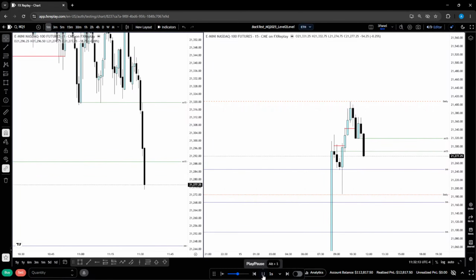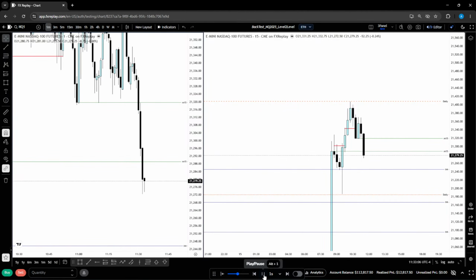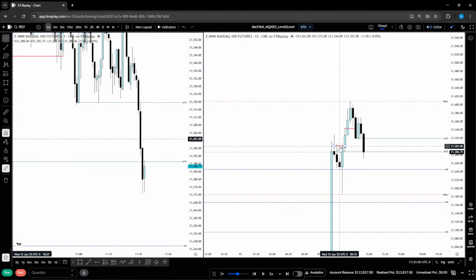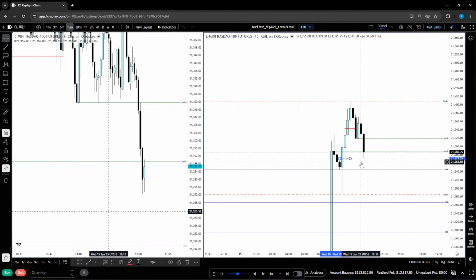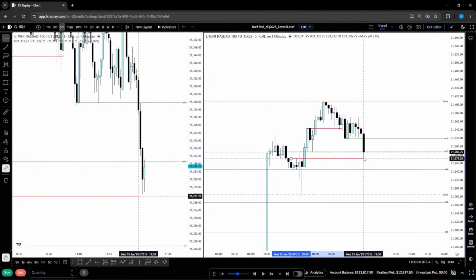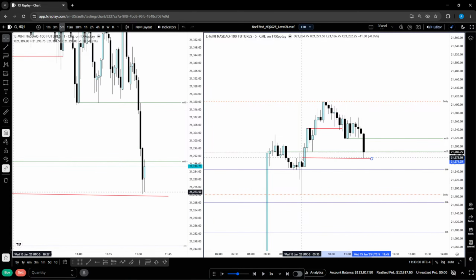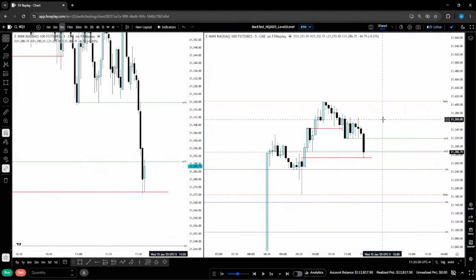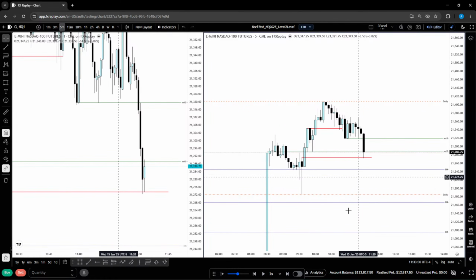Okay, that's a level. This would be a start of that range. If we close below these levels, then we have to go further down, a lot more down.